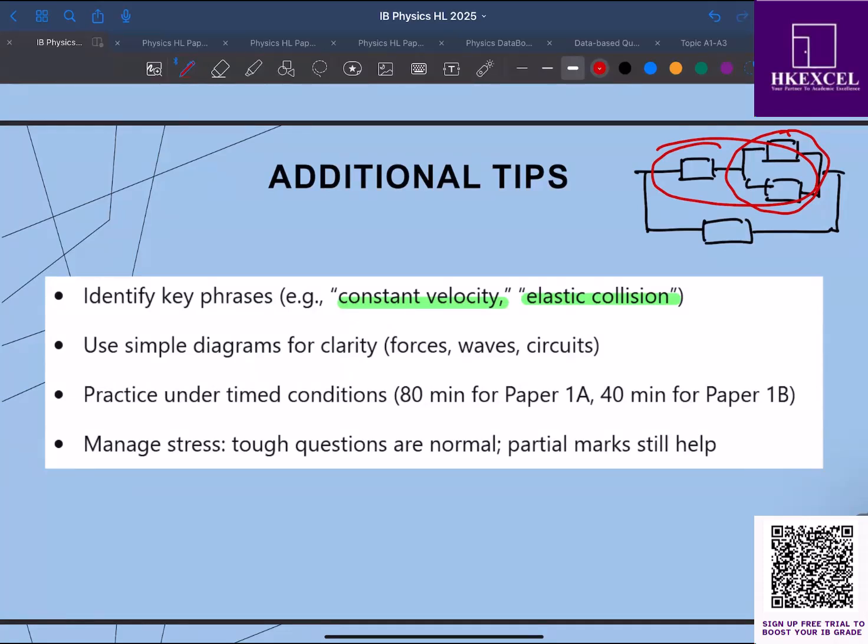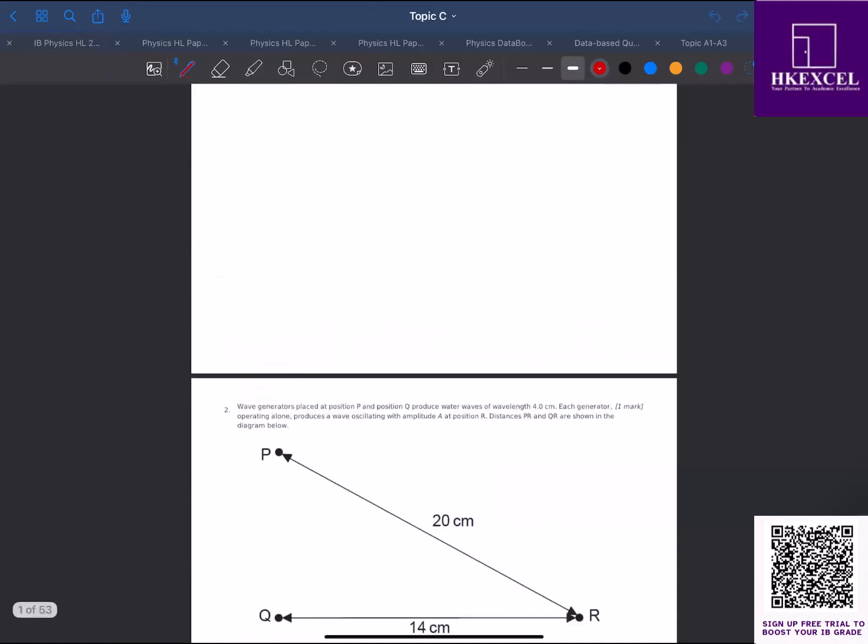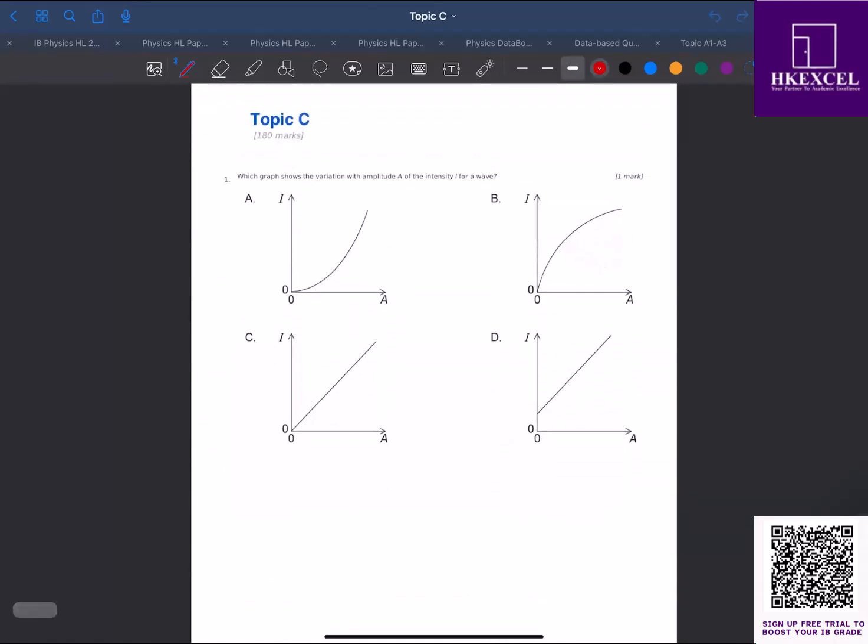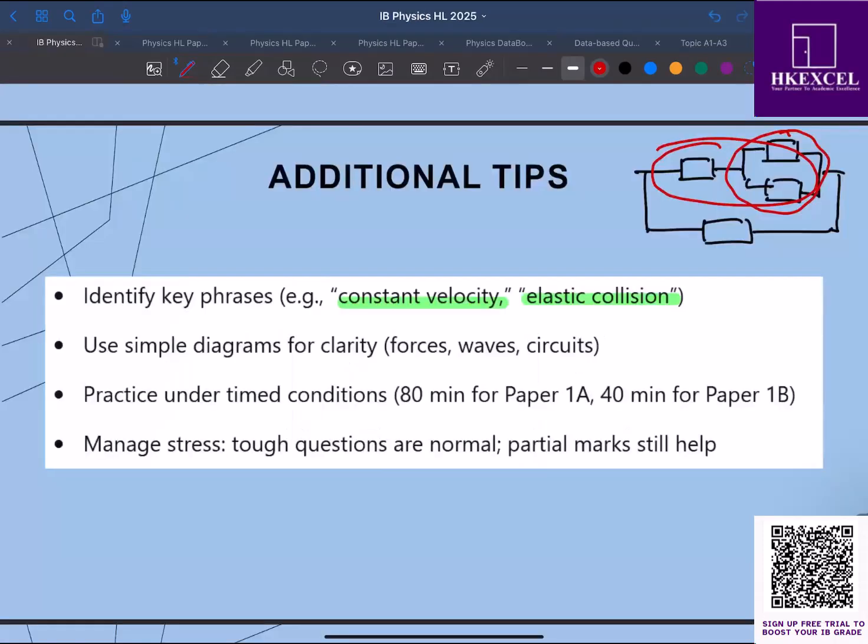So the more you mimic real conditions, the calmer you will be on the exam day. And that is exactly the reason I would suggest that if you practice more past papers or topic-wise questions, that will help boost your confidence. Okay? And obviously manage stress.